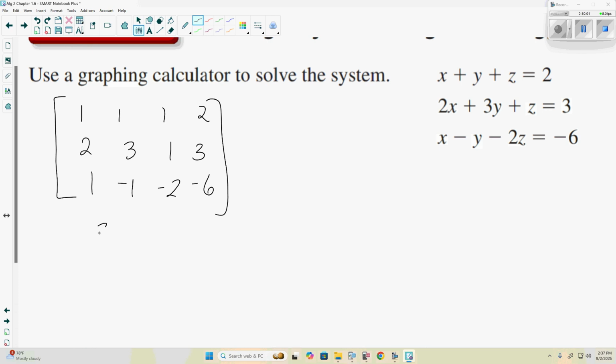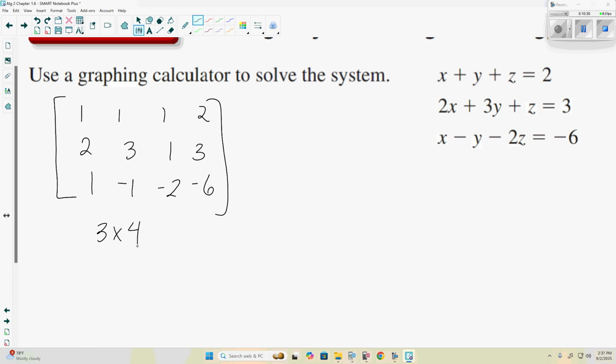And this here is a 3 by 4. Questions on how we wrote the augmented matrix? Okay. We're ready for the next step.